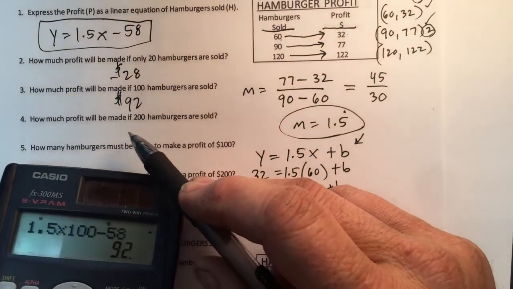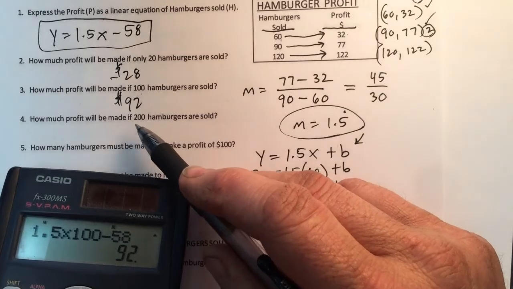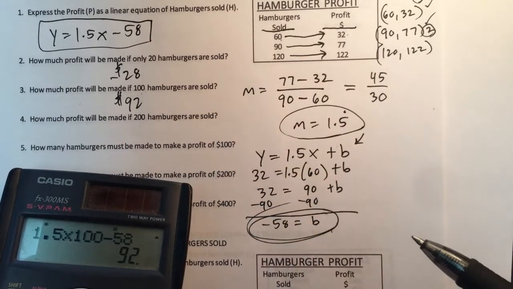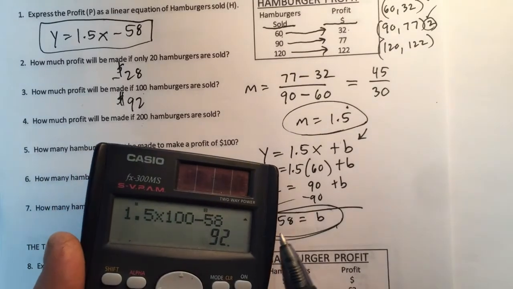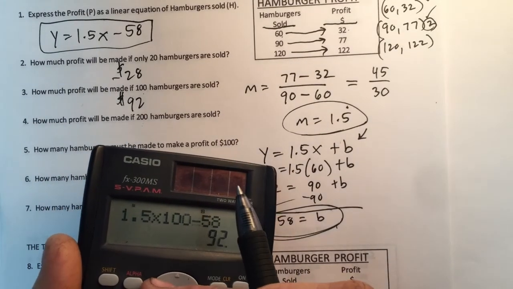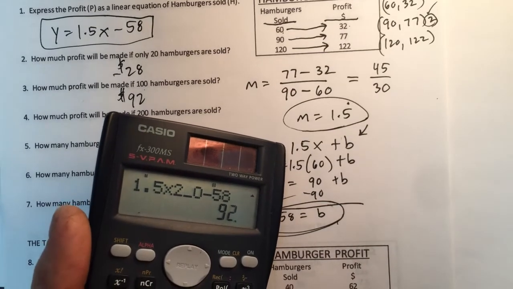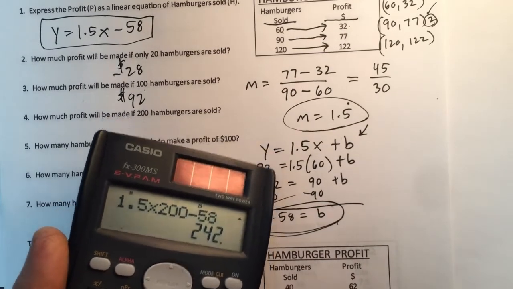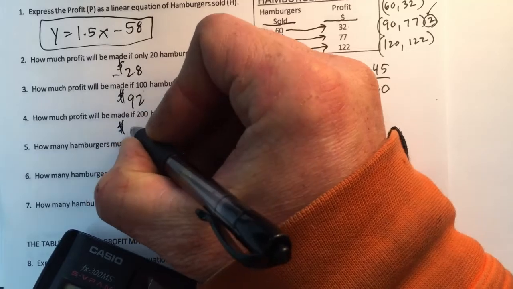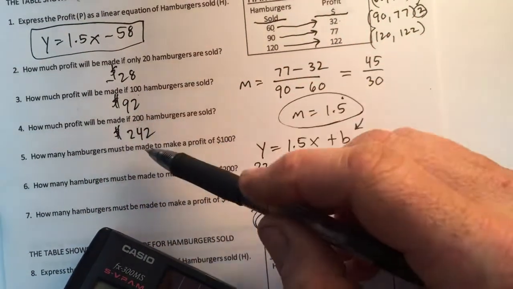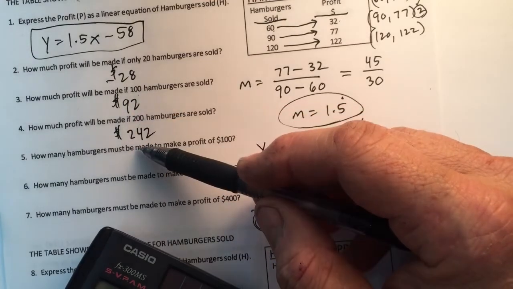What about number 4? How much profit will you make if you sell 200 hamburgers? I'm going to cheat, I'm going to go right in here and just put a 2 right there. How about that, huh? $242. Now you might think, well, if I sell 100, I make 92, but if I sell 200, I make 242, I make more money.